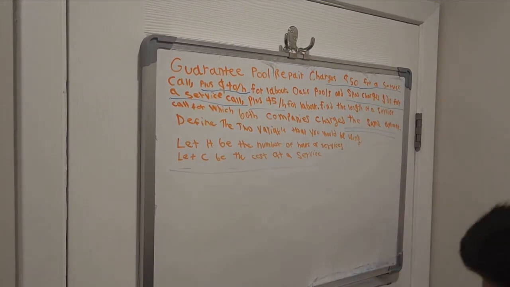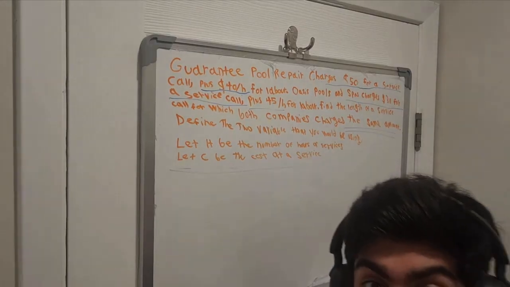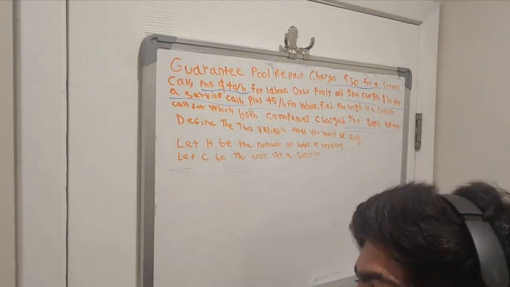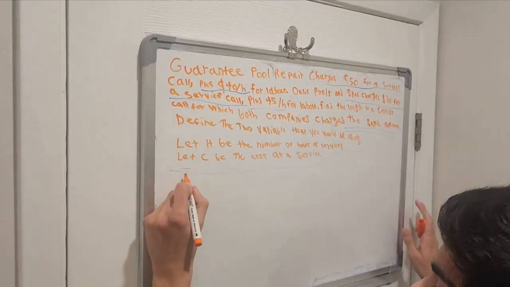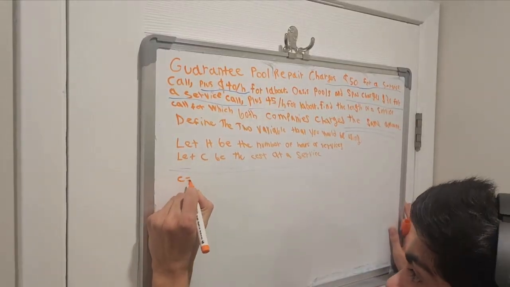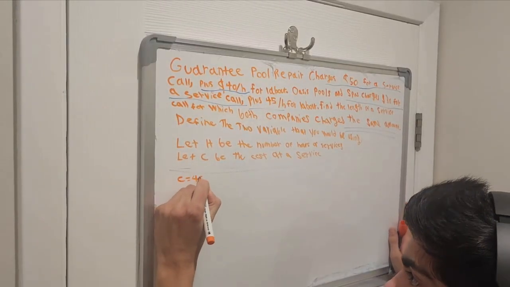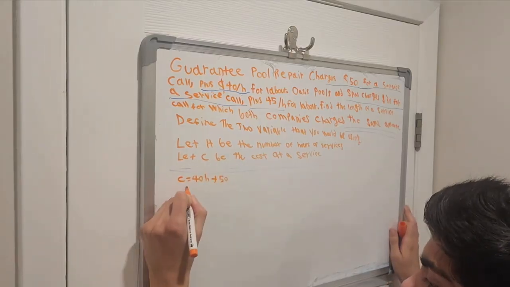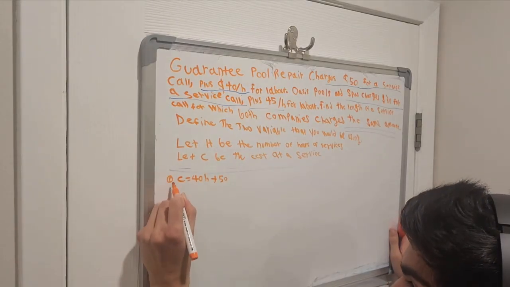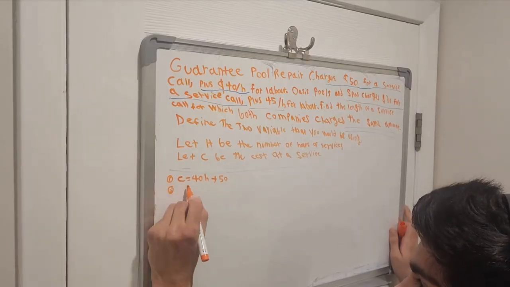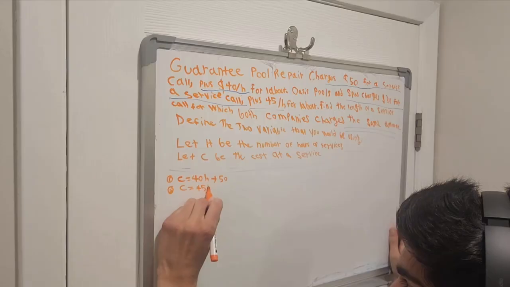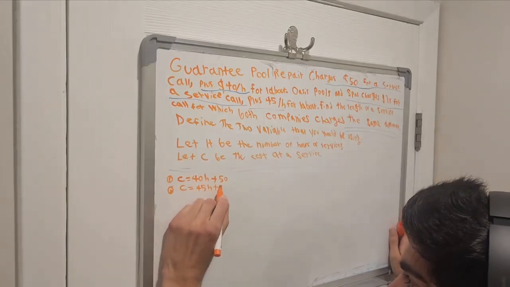Now, step 3 should be to make 2 equations for substitution. The first equation could be C, which is cost, equals 40h plus 50. And the second equation could be C equals 45h plus 30.